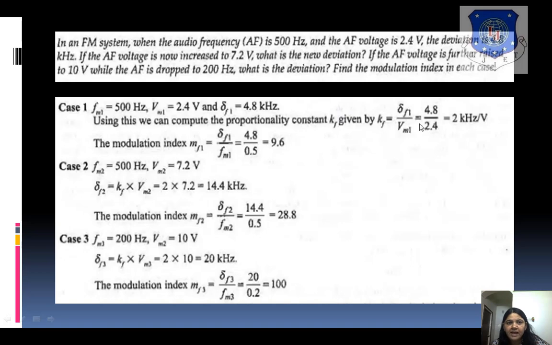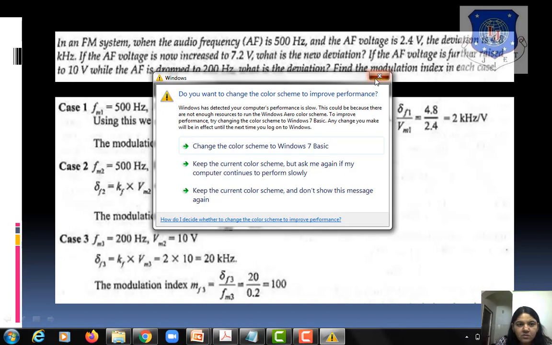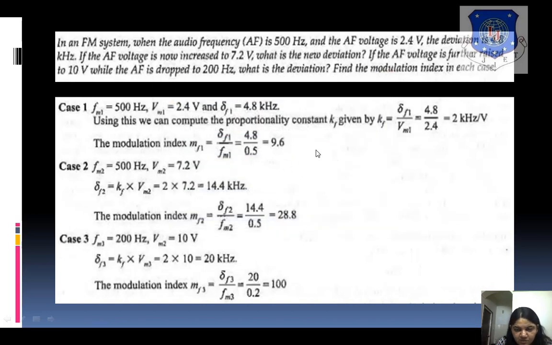Sensitivity means as you change the voltage in the FM, the change in the frequency which we observe. So it is delta f upon Vm1, which is 2 kilohertz per volt. Therefore the modulation index is equal to delta f1 upon fm1. So it is the equation for frequency modulation, and you can find it by this formula.